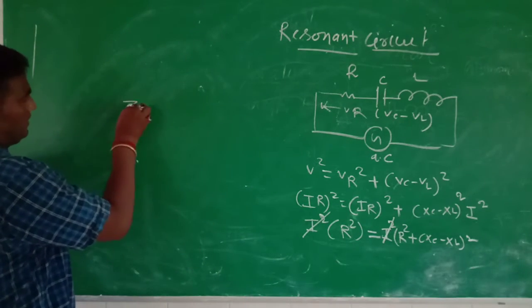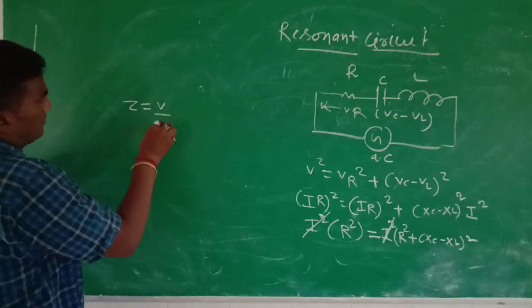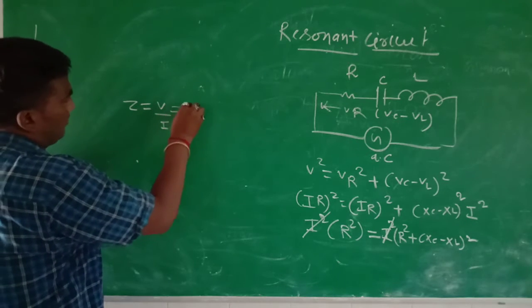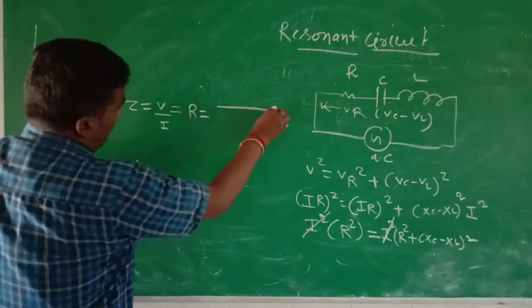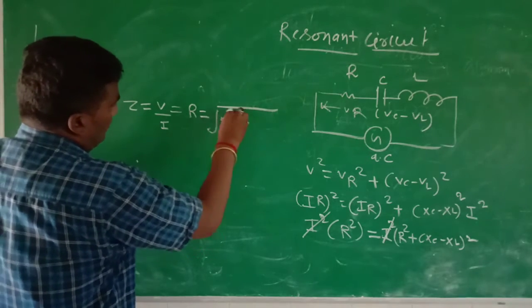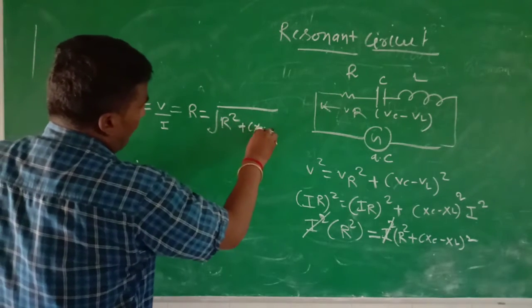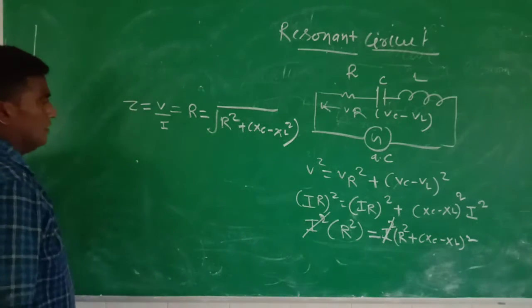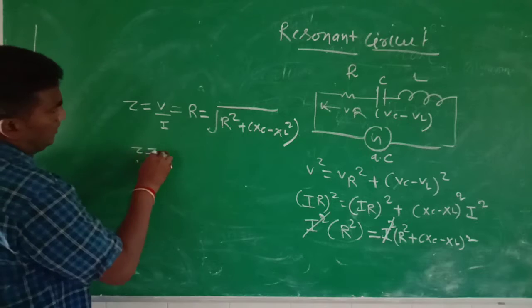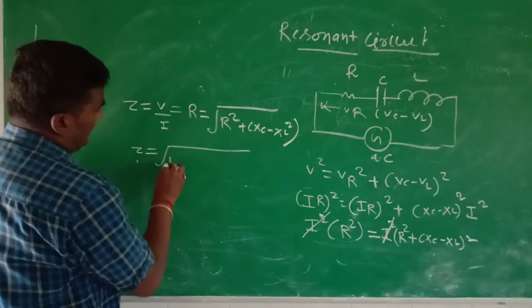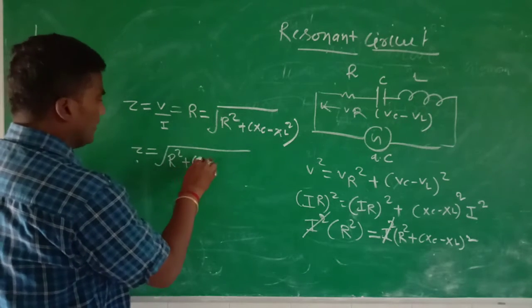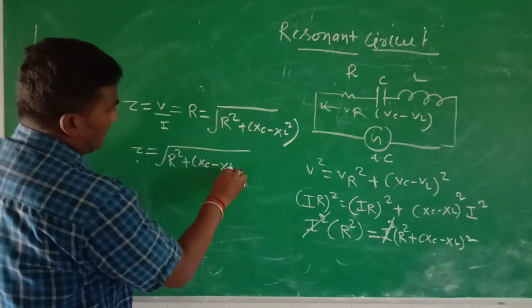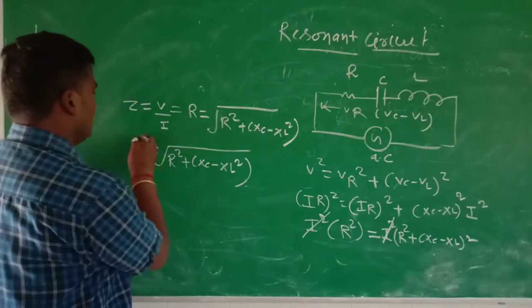Now we can easily write the impedance Z equal to V by I, equal to root of R square plus (XC minus XL) whole square. Therefore, the impedance Z is equal to root of R square plus (XC minus XL) whole square.